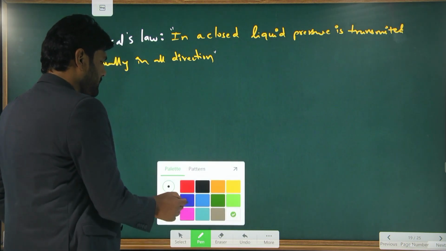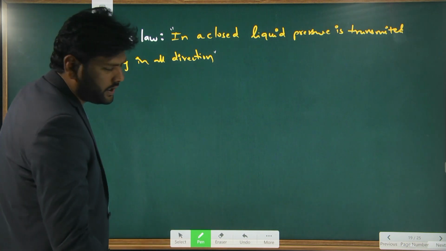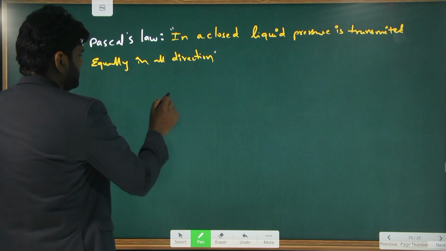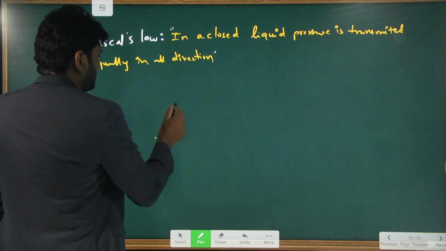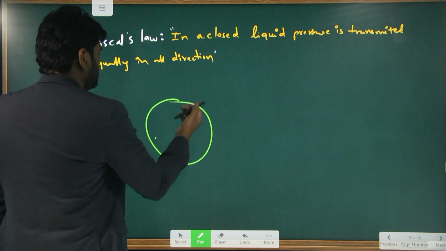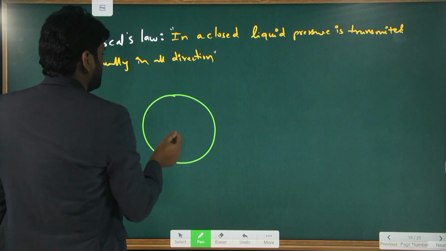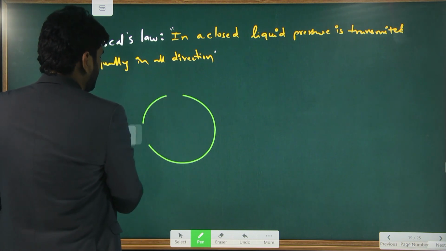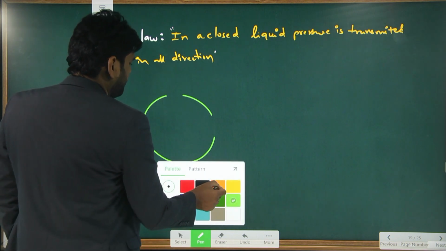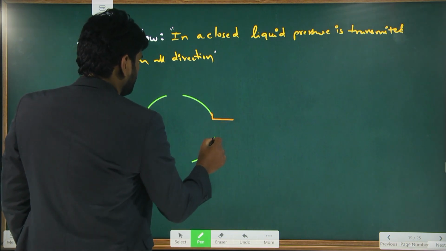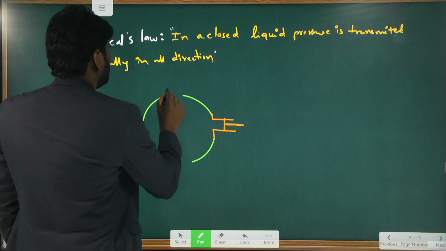Now here, how can you explain this thing? We can explain this by using some structures. So let us assume that this is a closed container. In this closed container, I am arranging 4 pistons. This is one piston.